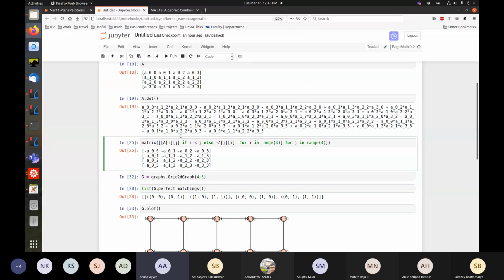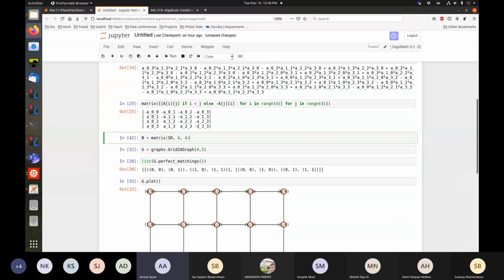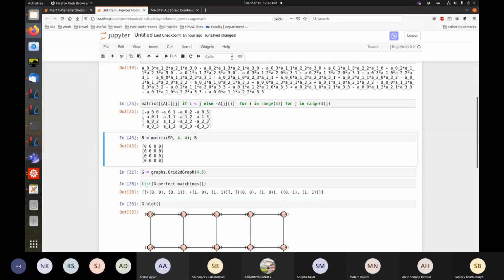And now what I want to do, okay, so I want to build a skew symmetric matrix from this. So let's do that. Okay, so I don't see any obvious way of doing it. So let's write a loop. So let's say B is a matrix in the symbolic ring of size 4 by 4. Okay, good.